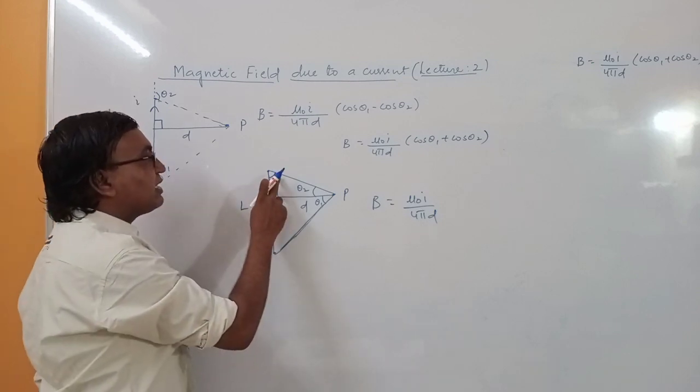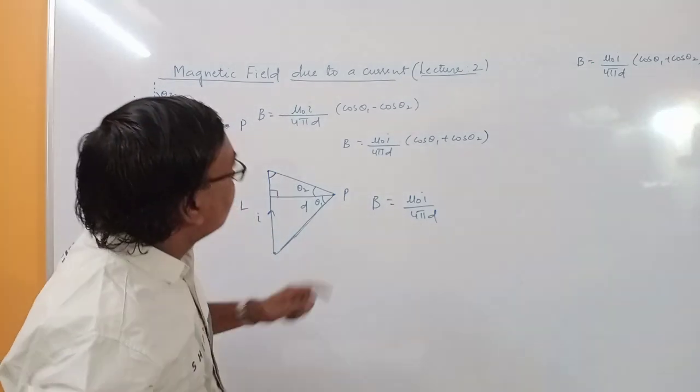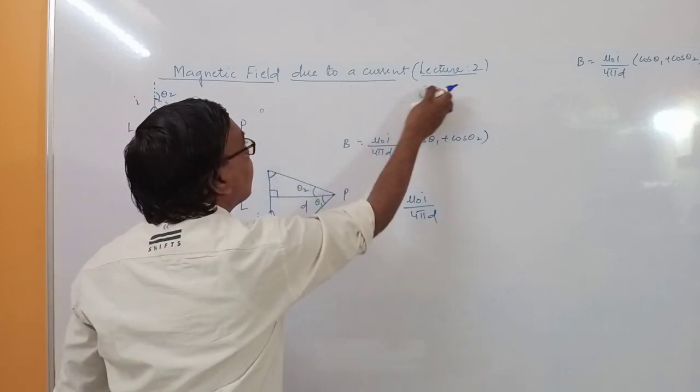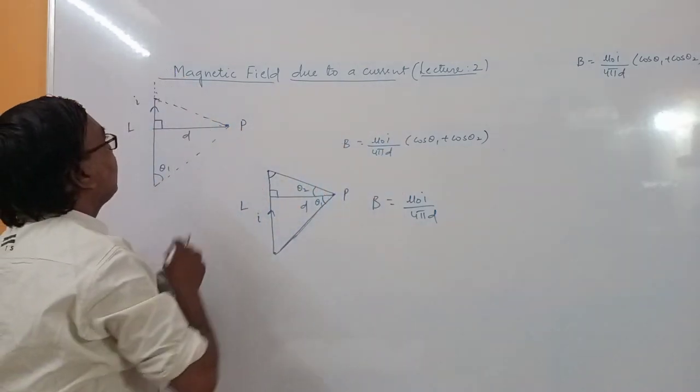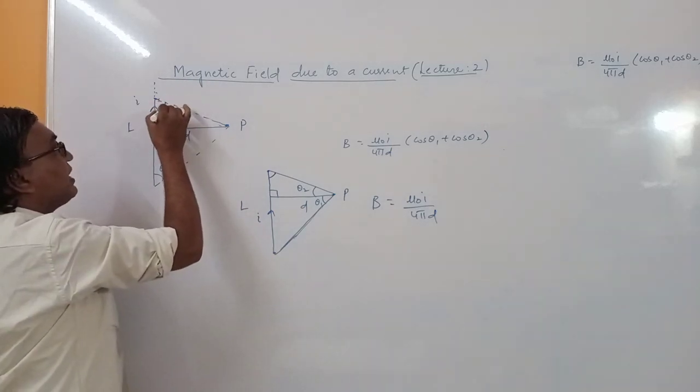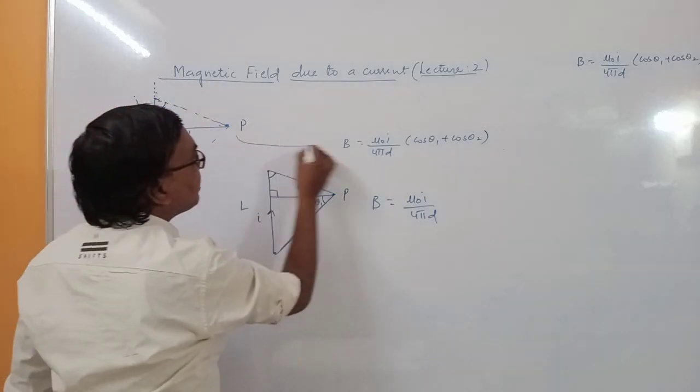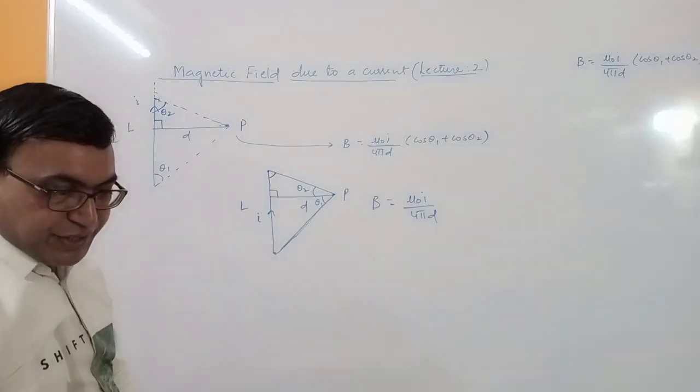Earlier we considered theta, the angle at this point. To make you understand, I will remove this and use this diagram to illustrate. For this we have this equation.